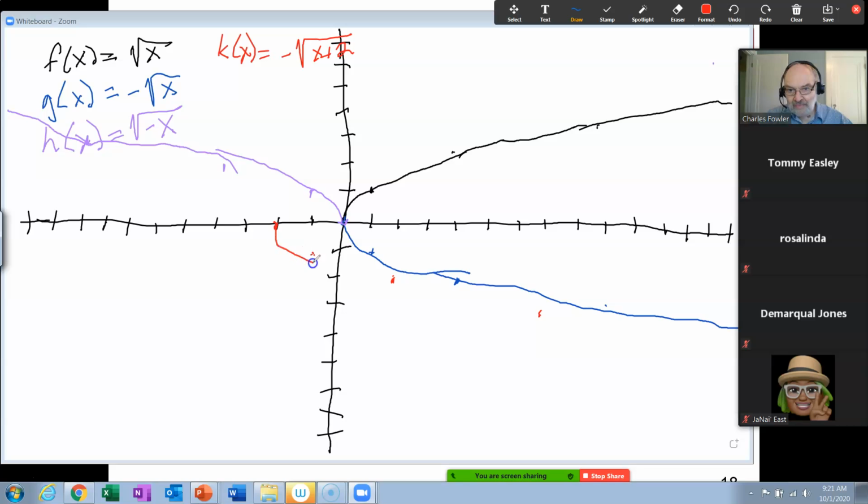Again, that parabola going like this and like this, and it actually looks like it's getting closer and closer to that one. It really is getting closer, but still it's a shift of 2. So here is your k of x here. Does that make sense, folks? Anybody? Any questions?